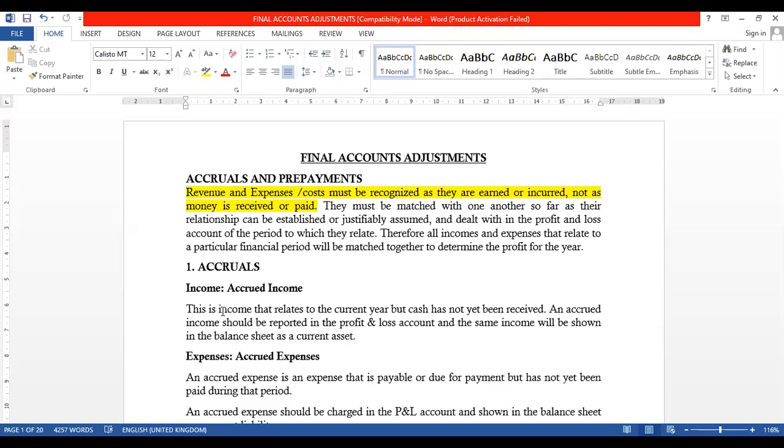The same case applies for payments or expenses. Expenses must be accounted for in the periods in which they were incurred, not in the period in which they will be paid. Because sometimes, for example, you might decide to purchase stock on credit in year 2020.